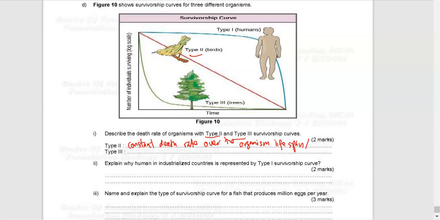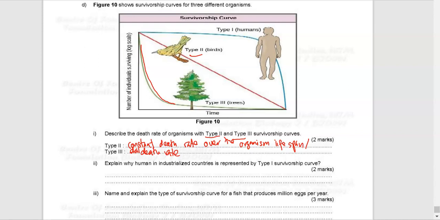For type 3, the death rate declines for those individuals who survive early age. I repeat, for type 3, the death rate declines for those individuals who survive early age.